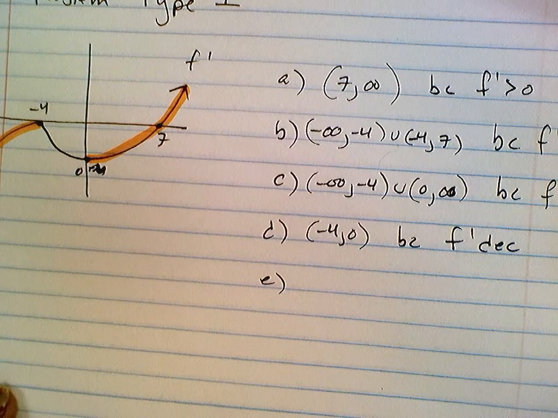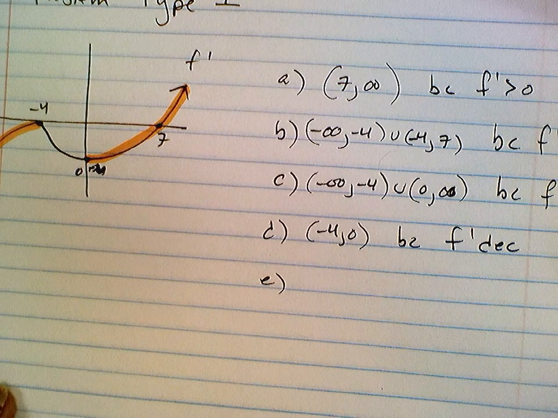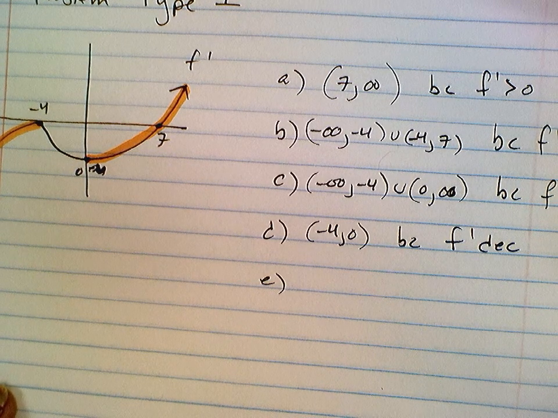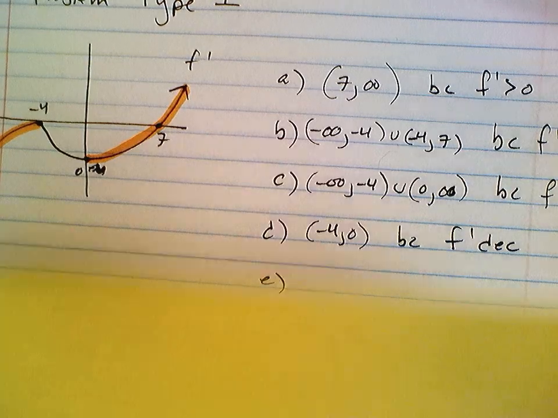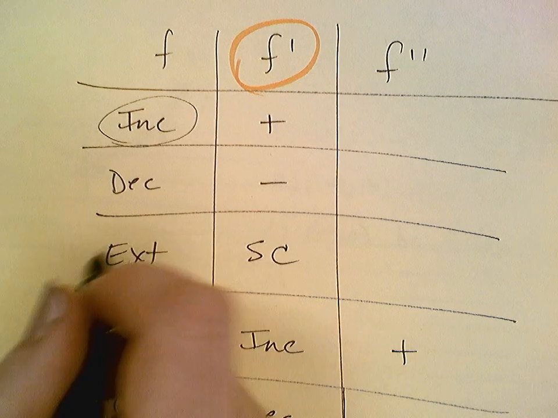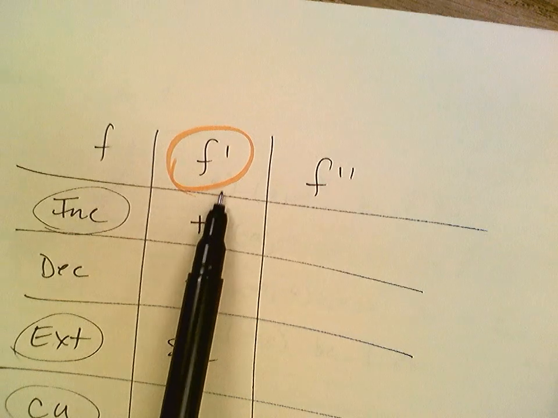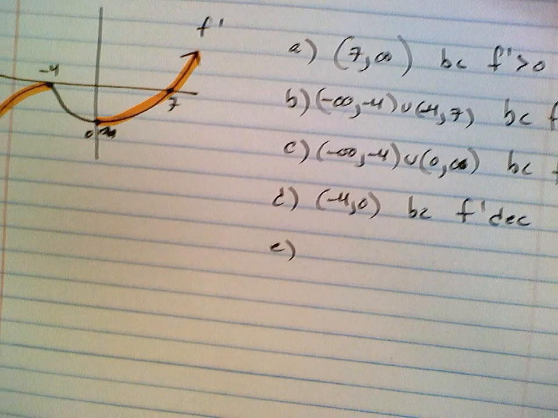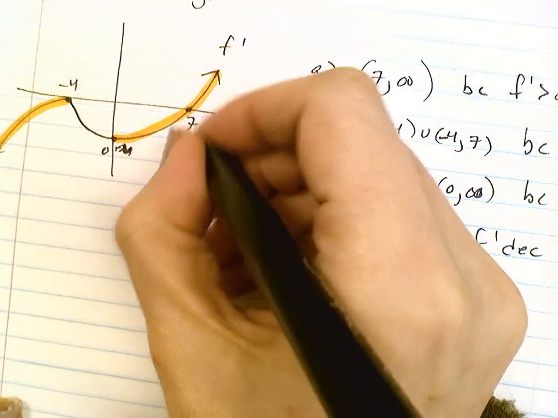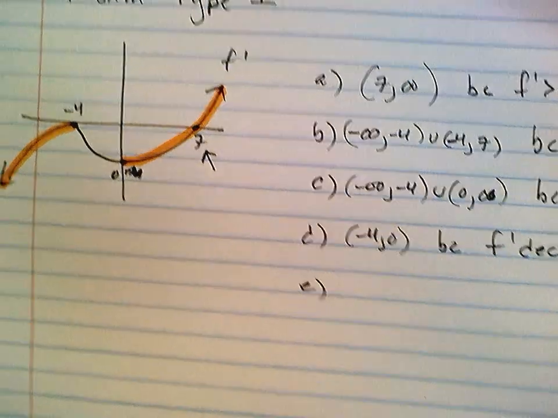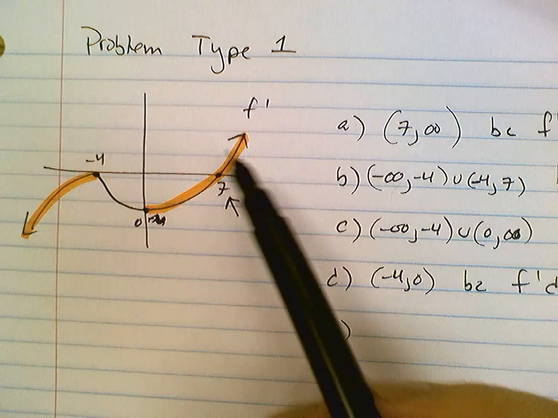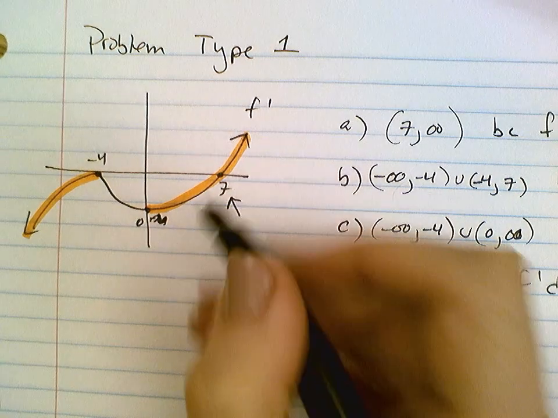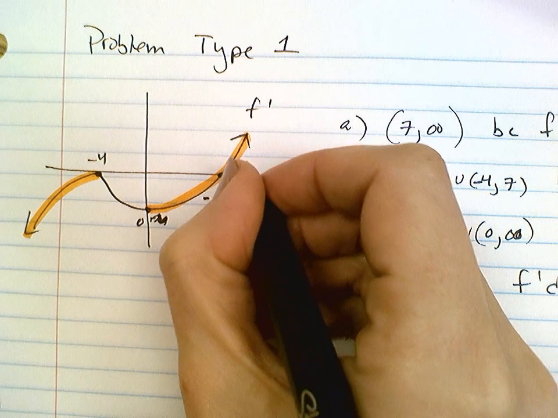And then E, where does the original function have a local maximum? A maximum is an extrema, so I'm looking for a sign change. The only point that I have a sign change at is this right here, because f prime is going from negative to positive.